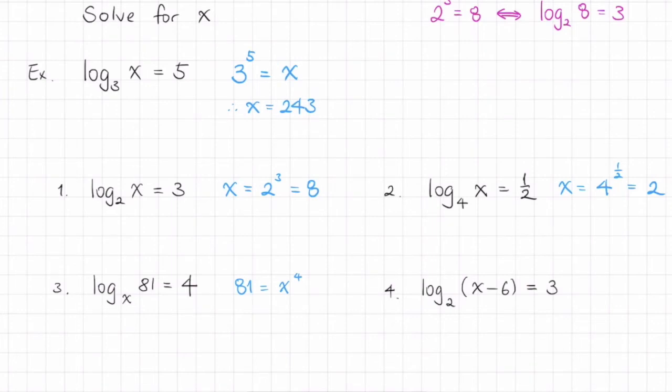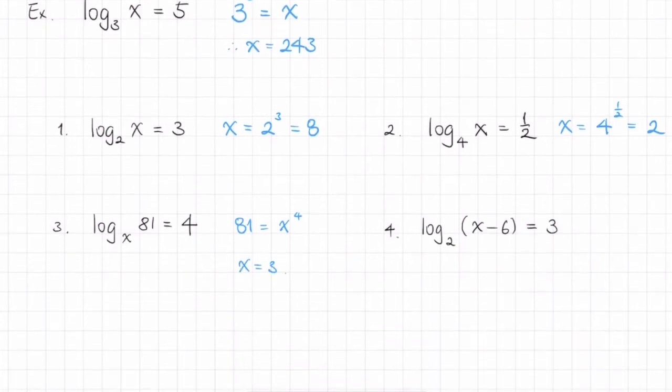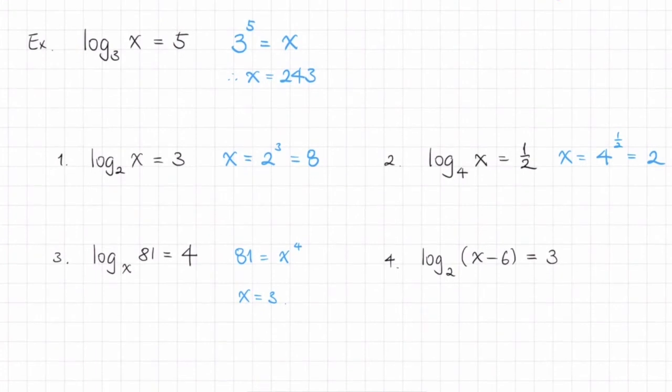And either way, x could be 3 or negative 3 if you just look at this equation. x to the 4th is 81. But because this is a logarithm, x is going to be positive. So x is 3. All right, and then lastly, 2 to the 3rd power is what's inside, x minus 6. And so 8 is x minus 6, and therefore x is 14.